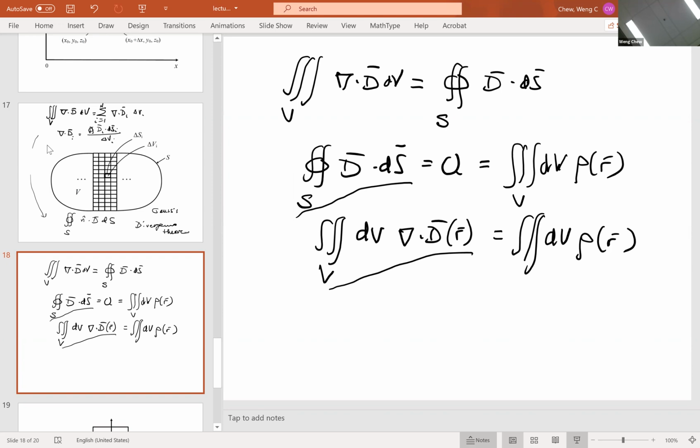Very good. So now I can make that volume very, very small. And so it just involves one point in space. And this relationship can be written as this: divergence of D for that point in space equal to rho of R. Can you see that?